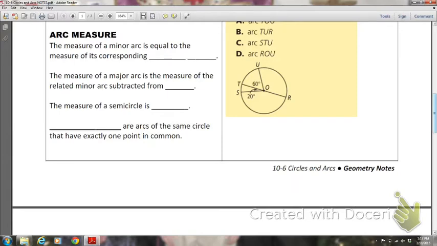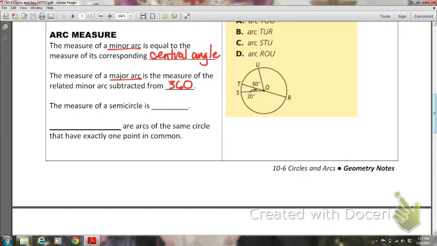The arc measure: the measure of a minor arc is equal to the measure of its corresponding central angle. So if you know the measure of the central angle, then you know the measure of its corresponding minor arc. The measure of a major arc is going to be 360 minus the measure of the related minor arc.